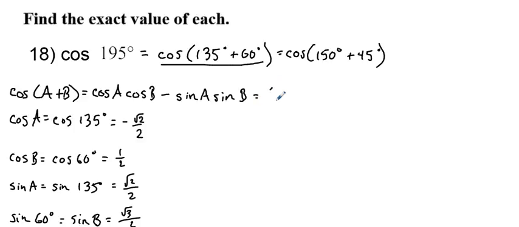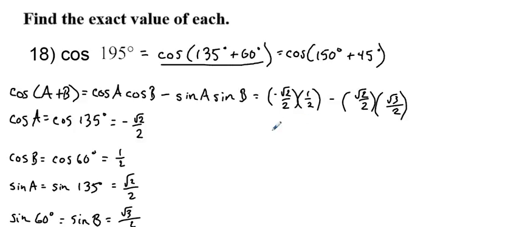First up, cosine A, parentheses, negative radical 2 over 2. Cosine B, 1/2, minus sine A, radical 2 over 2, times sine B, radical 3 over 2. Negative radical 2 over 2 times positive 1/2 is negative radical 2 over 4.